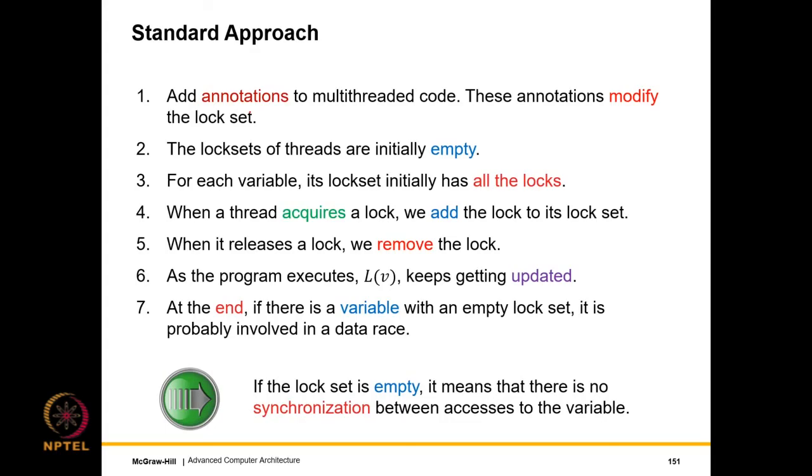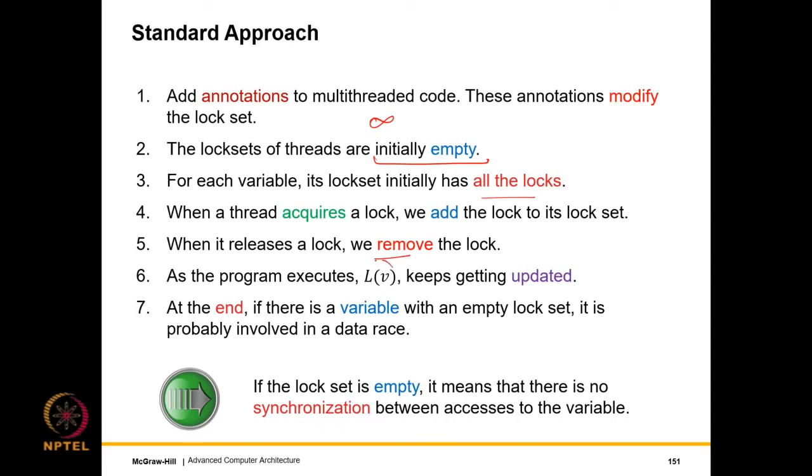Furthermore, when a thread acquires or releases a lock, the lock sets of the threads are also tracked. Lock sets of threads are initially empty and the lock set of every variable is initially infinite. So for each variable, its lock set initially has all the locks. When a thread acquires a lock, we add the lock to its lock set. When it releases, we remove it.